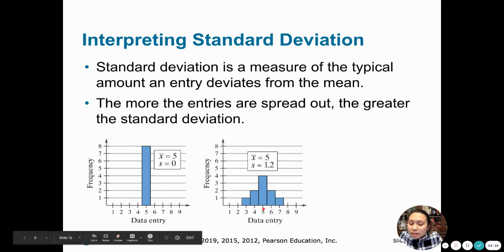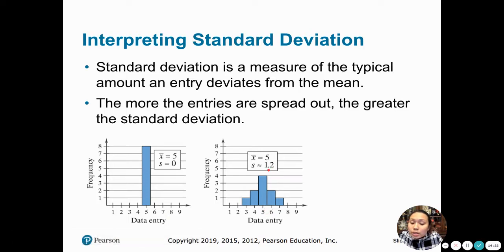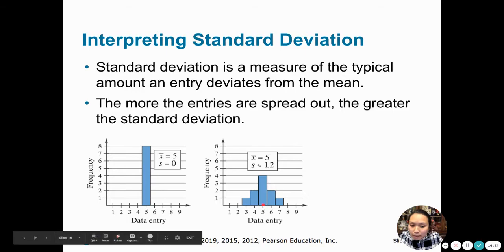So we can expect a value to be around 5 or within 1.2 values of 5. If we were to subtract 1.2, that will get us to about 2.8, and 3 is still within that. And if we were to add 1.2 to 5, that gives us 6.2, and that lands us right about here in 6.